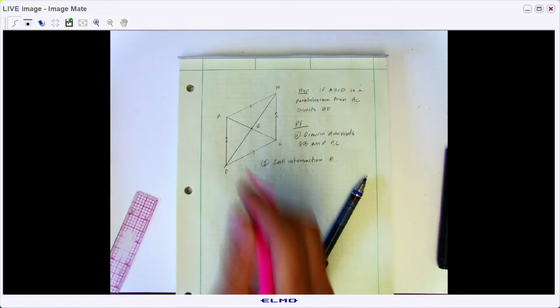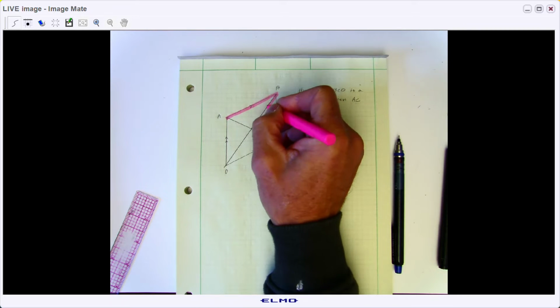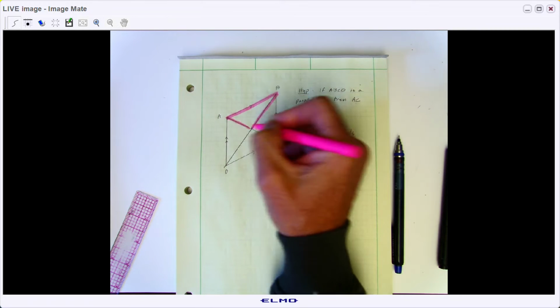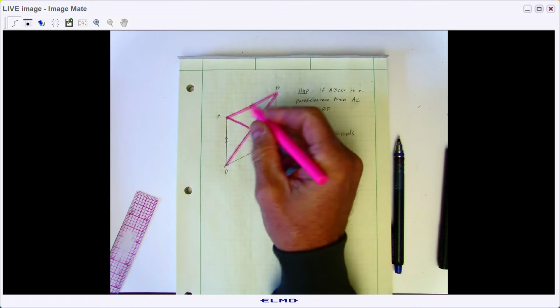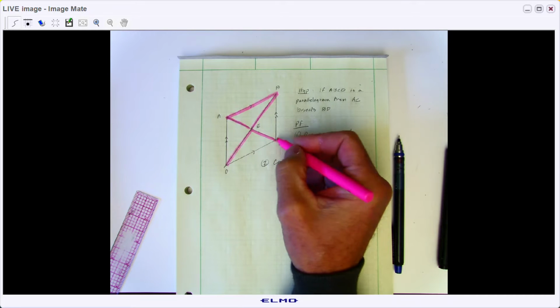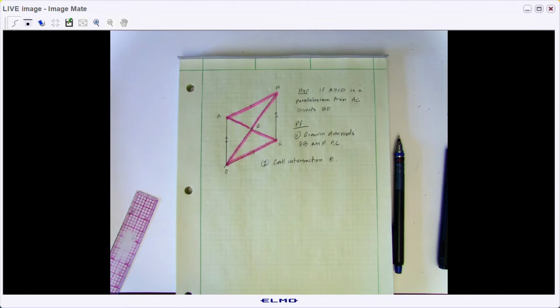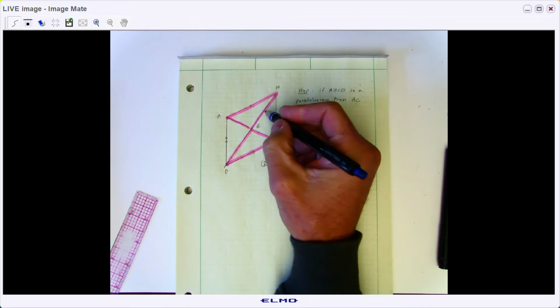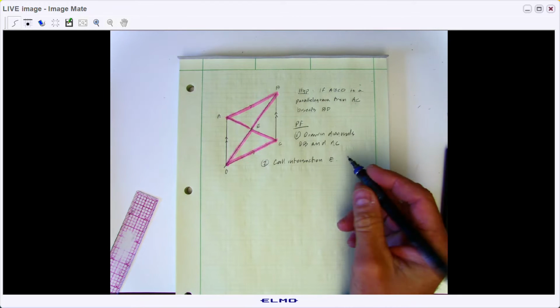It seems like the idea here would be to try to prove triangle congruence. For example, if I could show that this triangle ABE is congruent to this triangle down here, no wait, CDE. If I could show that those two triangles are congruent, then by corresponding parts of congruent triangles, this pair of sides and this pair of sides would be congruent.